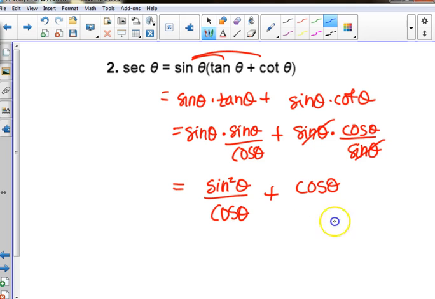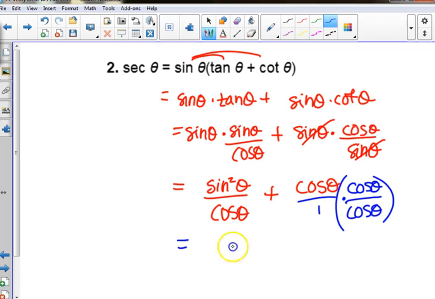We need a common denominator. What is our common denominator going to tell us to do? Multiply by cosine over cosine here, so that we then get a step that shows what? Sine squared plus cosine squared all over cosine.